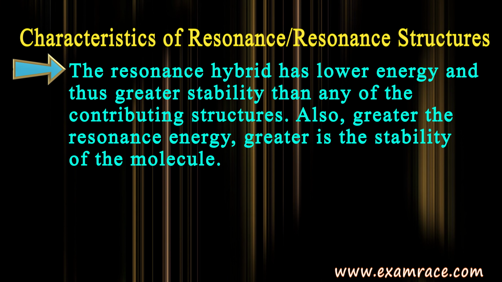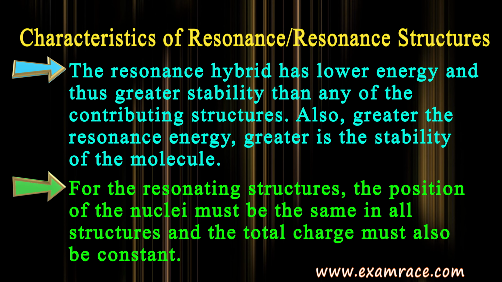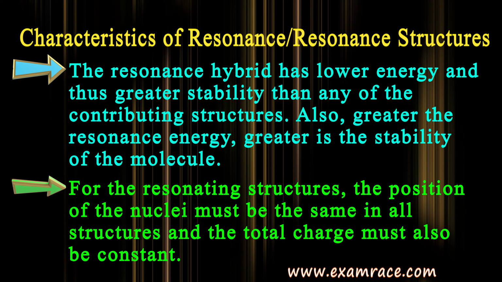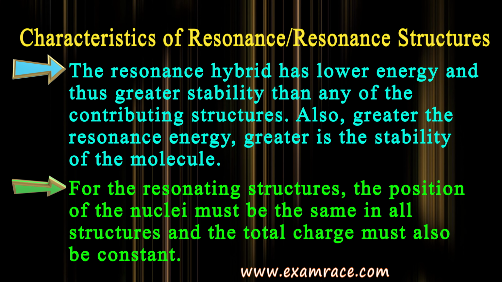Now the next point to be noted is: for the resonating structures, the position of the nuclei must be the same in all structures and the total charge must also be constant. So the thing which moves is only the electrons, the lone pair or the negative or positive charge.